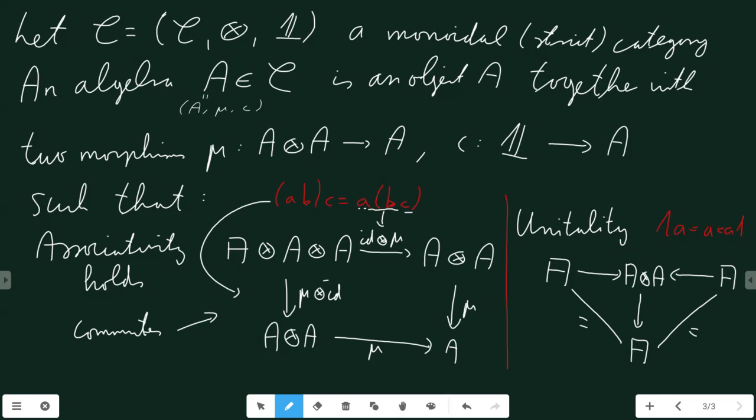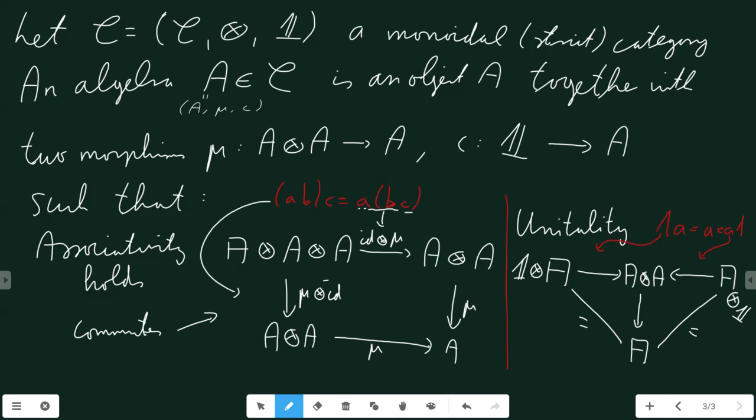I want to put this one here and this one here. To make it a little bit nicer, I add my trivial object here.